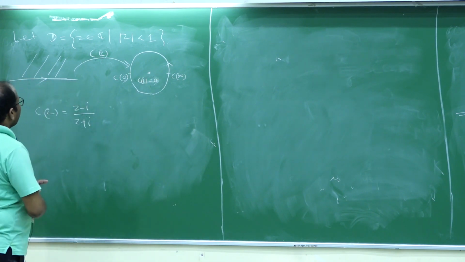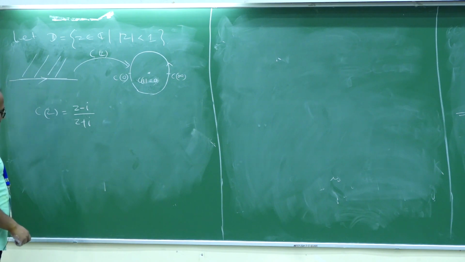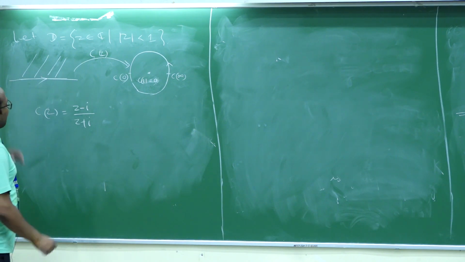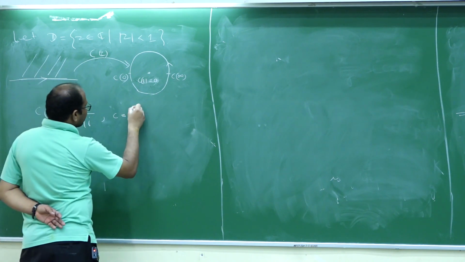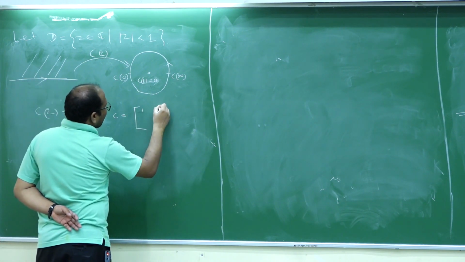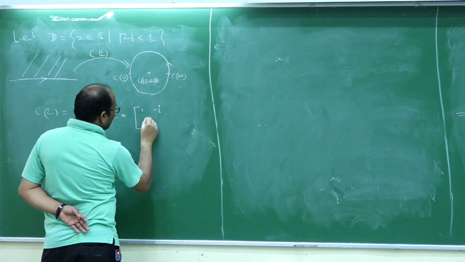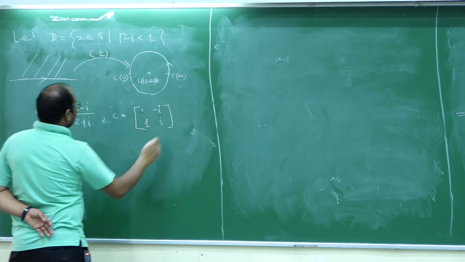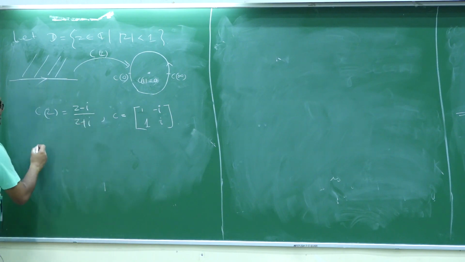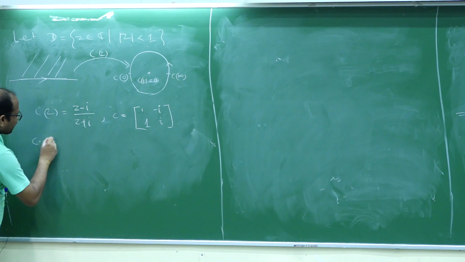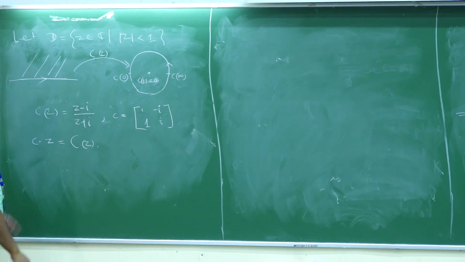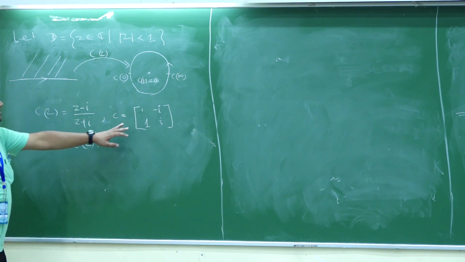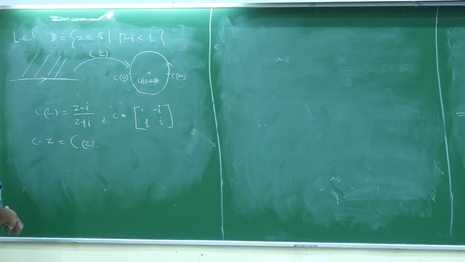So this is the thing. Now this C is also a Mobius map, and if you look at this matrix C, this is 1, minus I, 1, I. I am using the same notation, but that is okay I believe. So this C is a matrix.